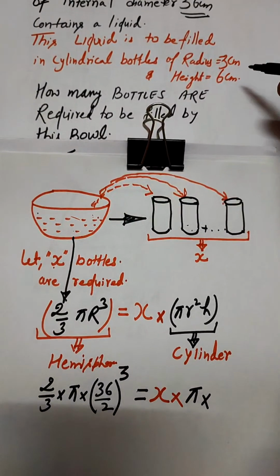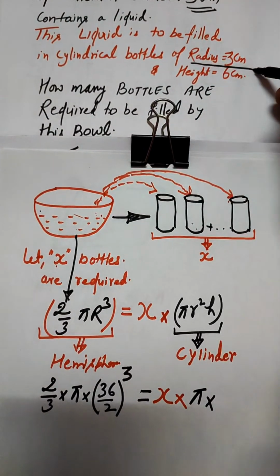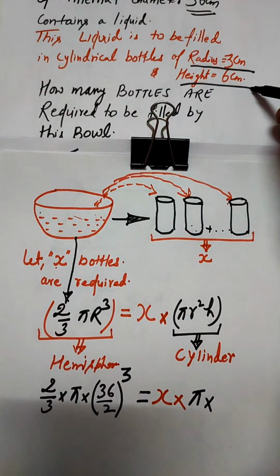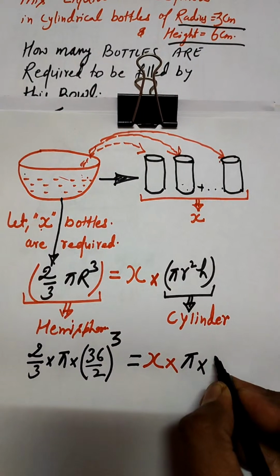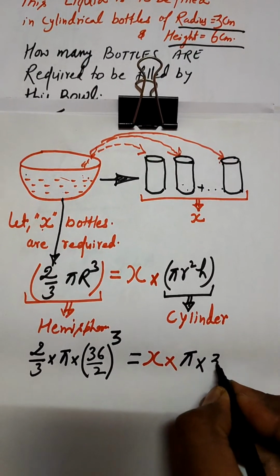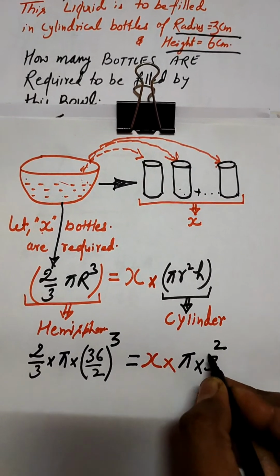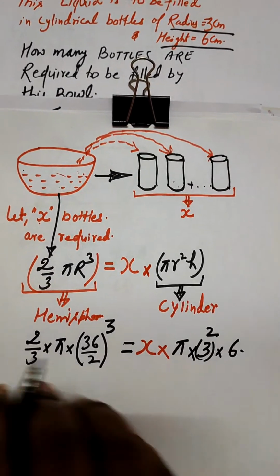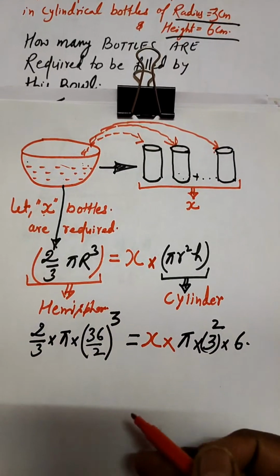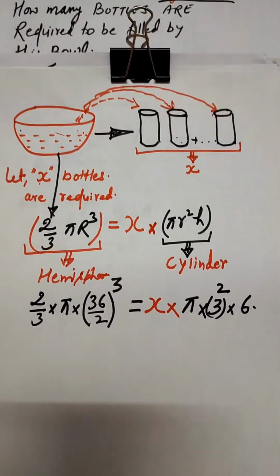The radius is 3 centimeter and the height is 6 centimeter. So put the value of r as 3: 3 square is the radius square, into height 6, right? So just solve this to get the value of x.